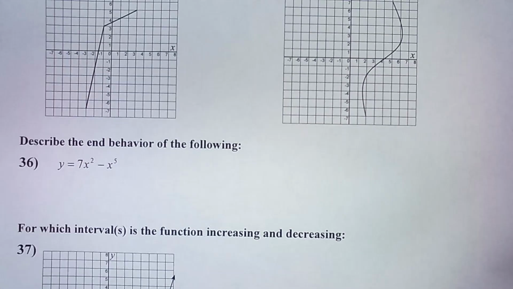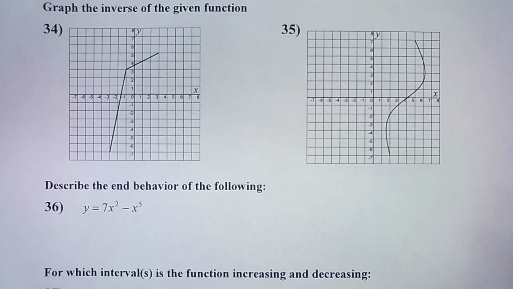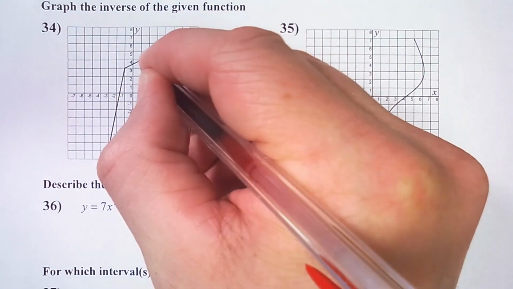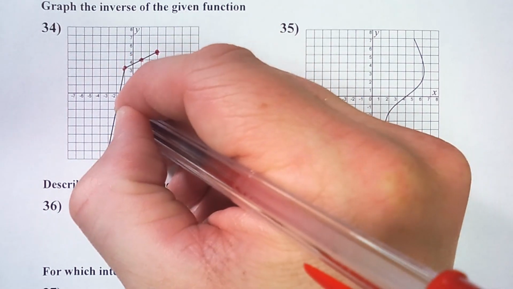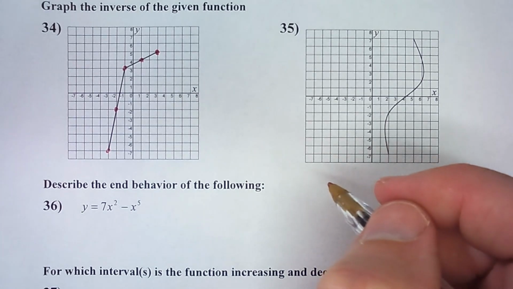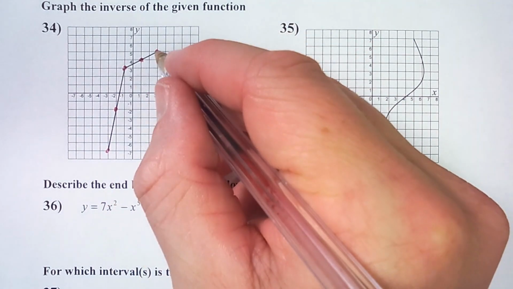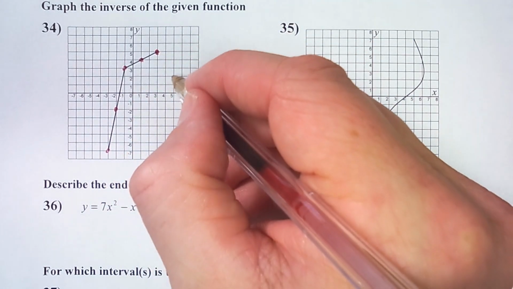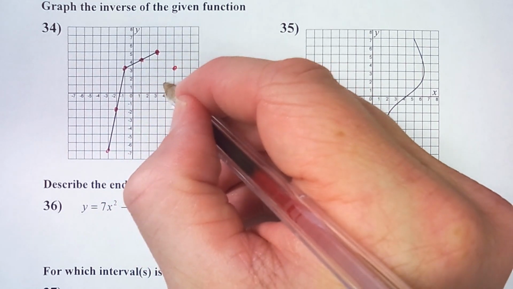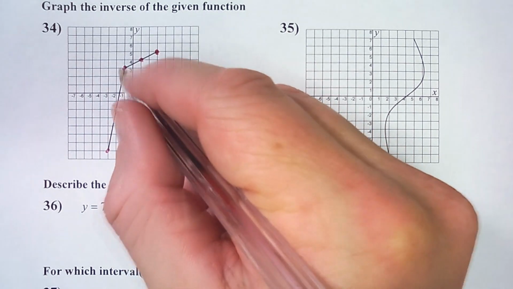Now find an inverse graphically. Once again, it's just switching x's and y's. So I'm going to find all my integer points, and I will switch the x and y values. So 3, 5 becomes 5, 3. 1, 4 becomes 4, 1.